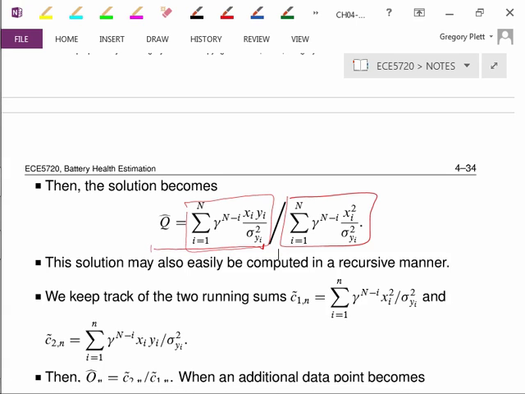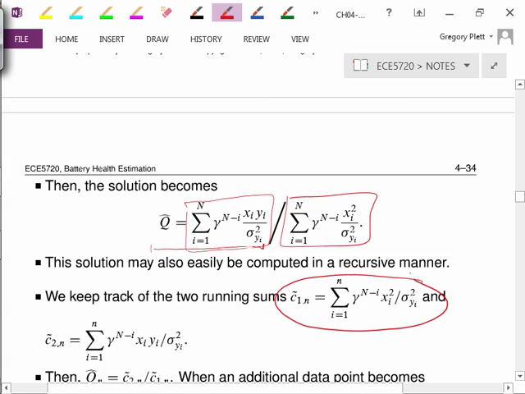So the denominator term is still a C1 term, but notice I'm using a tilde notation whenever there's a gamma. Whenever there's fading memory, I use tilde, and whenever there's not fading memory, I don't use a tilde. And then C2 tilde is the numerator term, like this.